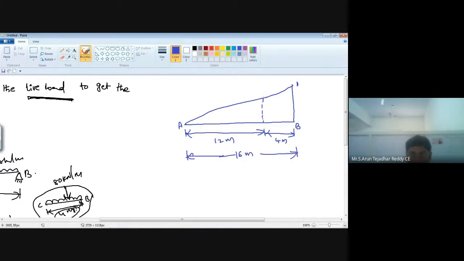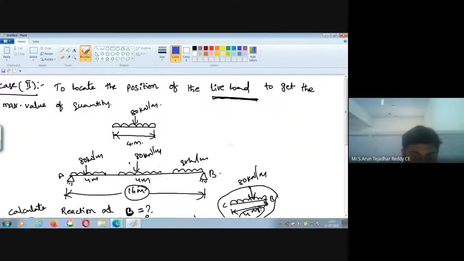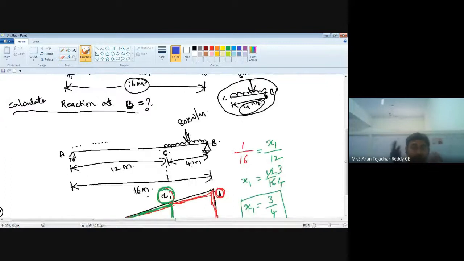And just now we got the value here, that is 3 by 4. Now, once you remember your previous concept, if from point C to point B we are having UDL, then what should we do here?